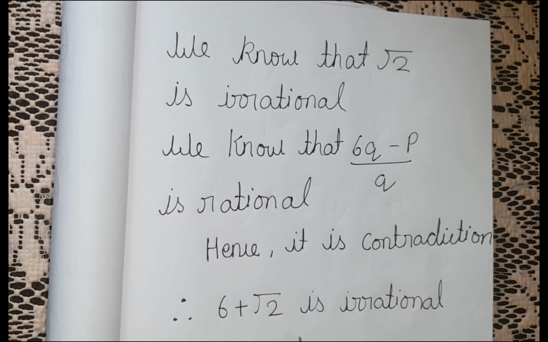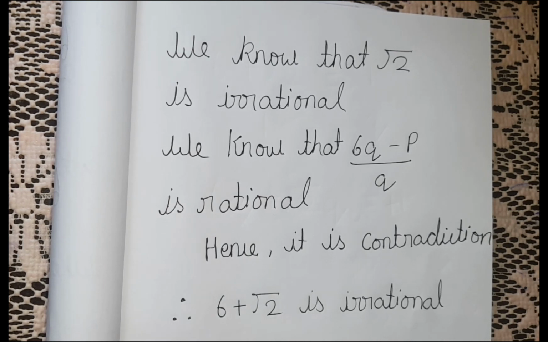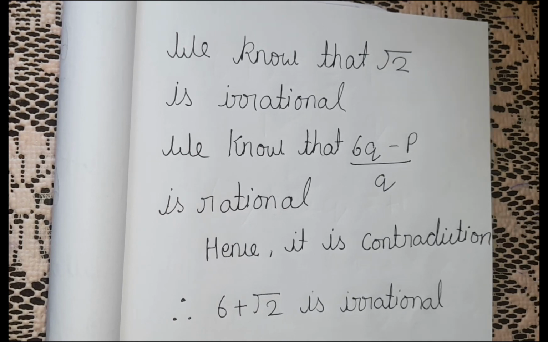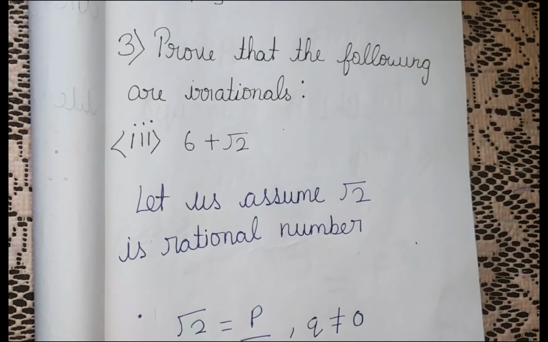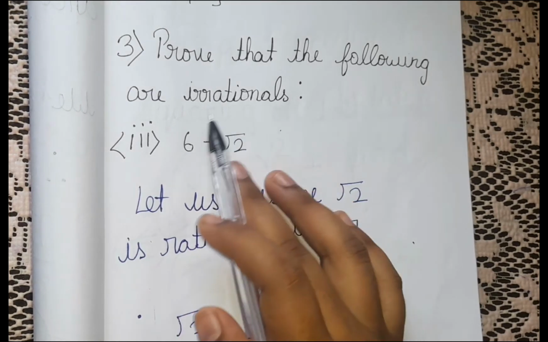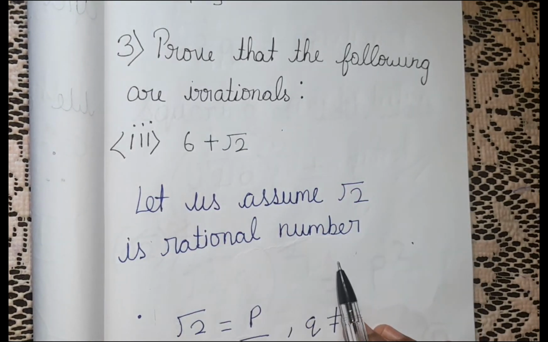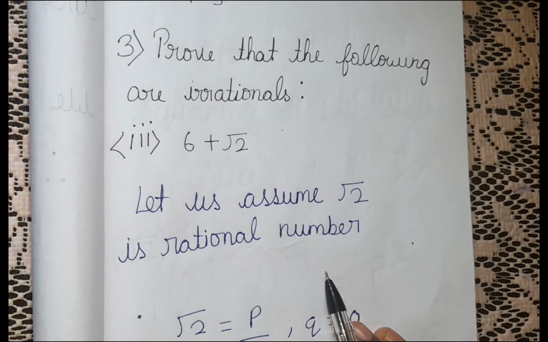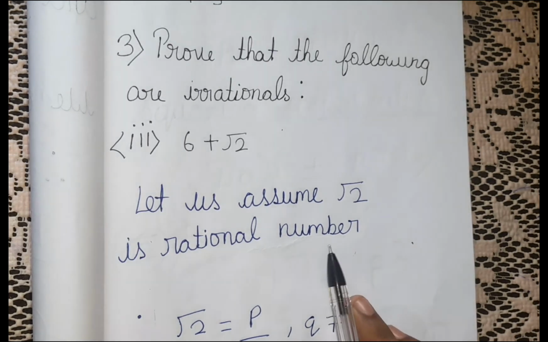Contradiction means changing rational into irrational. First of all, we changed irrational into rational. Instead of writing irrational, we wrote rational number, because to get a proper answer, we should change from irrational to rational.